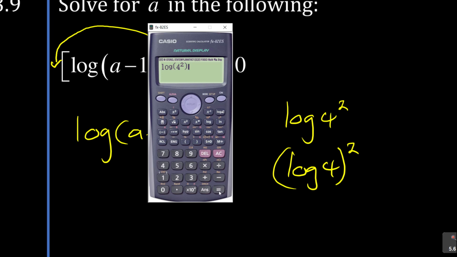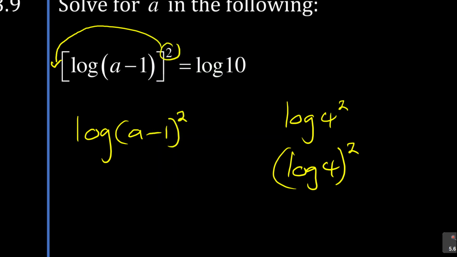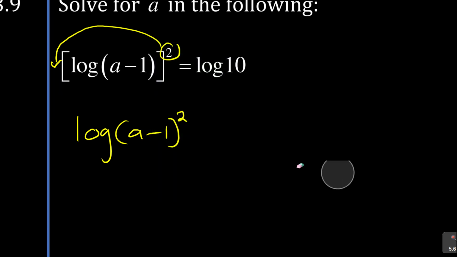Now if I say equal to, I'm getting 1,2. Now I'm going to do the other way around to see whether I'm getting 1,2. Put a bracket, and then I put log, and then I put 4, close, and then close and put squared. See, I'm getting 0,36. Two different answers altogether. So be careful, be careful, be careful. They wanted to trick you there.